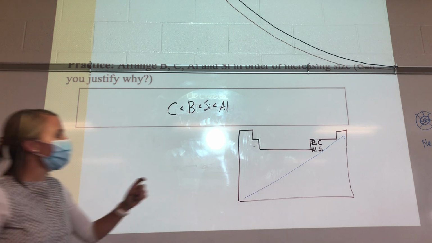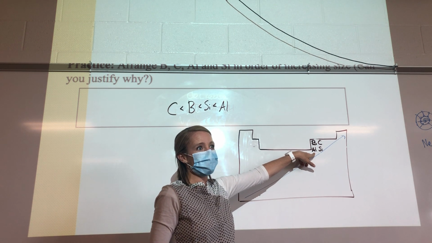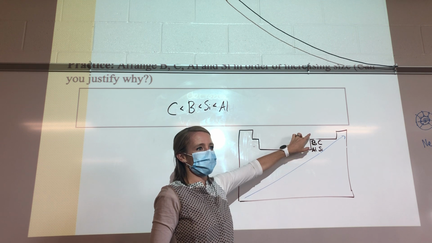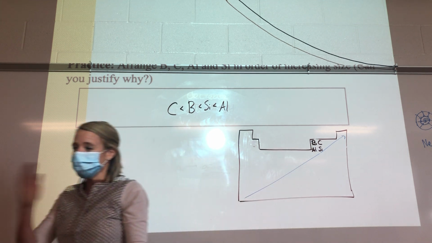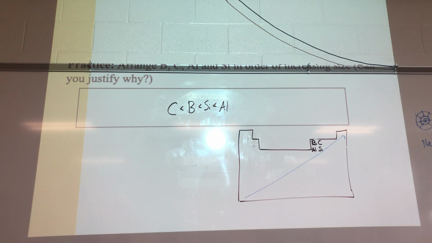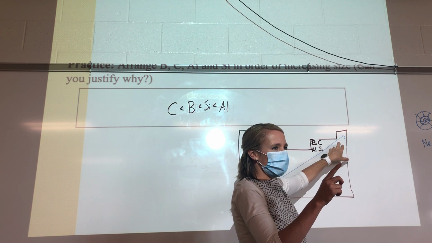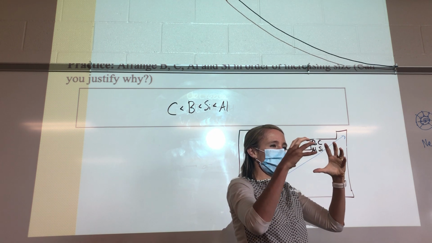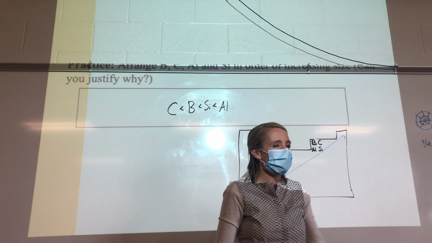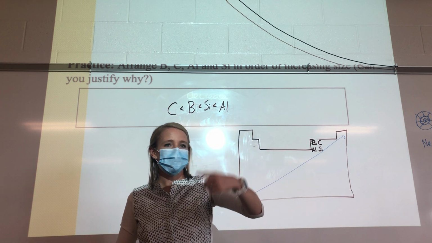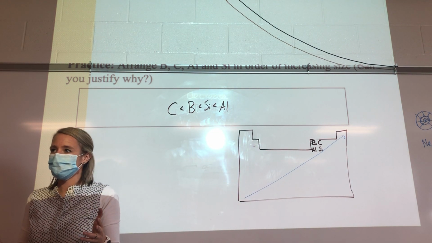Versus aluminum is 143, so a very big jump. Left to right, oxygen is 73, fluorine is 71, and neon is 70. So the difference between fluorine and neon is 1 picometer. Not much, because it's just shrinking it in as much as it can. Great question. Okay, any other questions on radius?